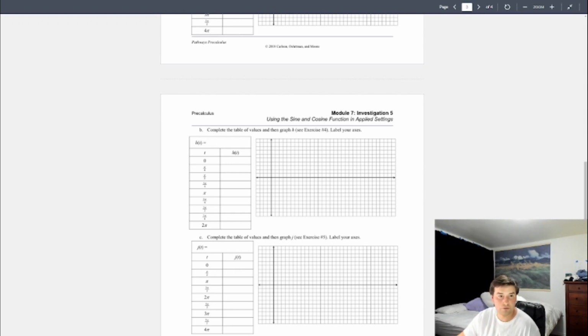So 2 pi divided by 3.8 is 1.65. If we plug that in, we would get 0, because it would have gone one full revolution. Yeah, let's try that.